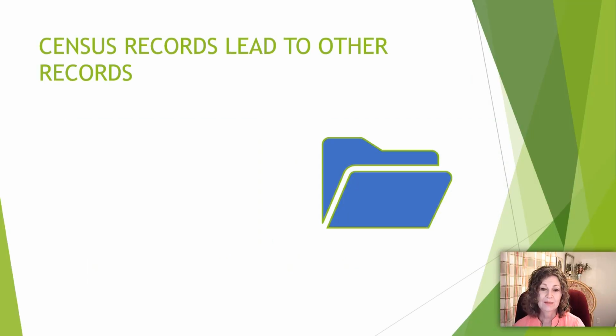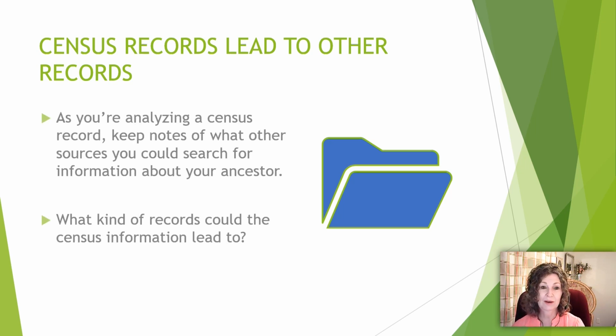Something to remember, and that is so important in this type of research, is that census records lead to other records. As you are doing your census research, keep notes of what other records you could search for information. Think about something, for instance, if you found that military mention of an ancestor, that would lead you to military records.